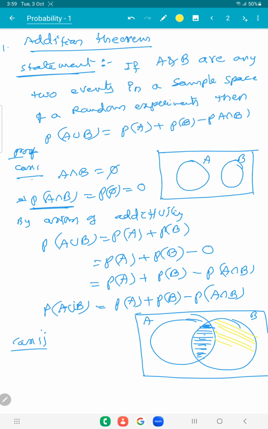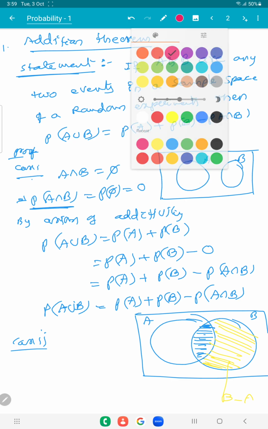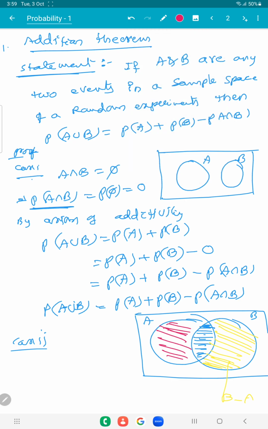This yellow part is B minus A. This part is subtracting B from A, A minus B. So this is as usual A intersection B, right? In this case, some intersection is there.